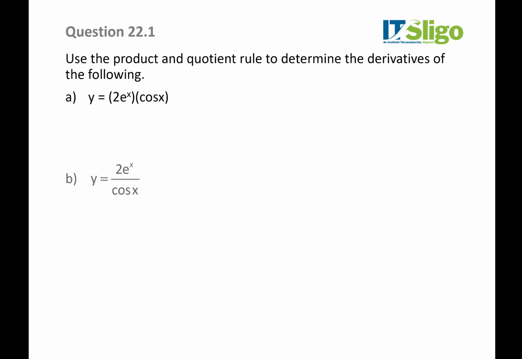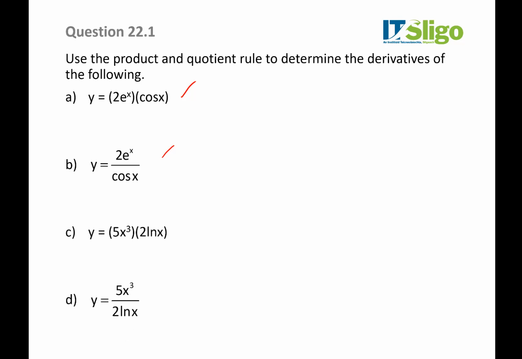So just have a go at these yourselves. And again, I've tried to make your life simple. It's the same terms in A and B, and similarly then in C and D. So it's really a case of identify u, identify v, find du dx, find dv dx, and feed them correctly into the formula. So best of luck with them.